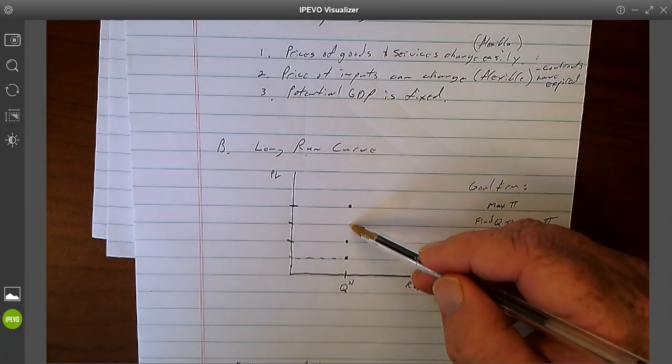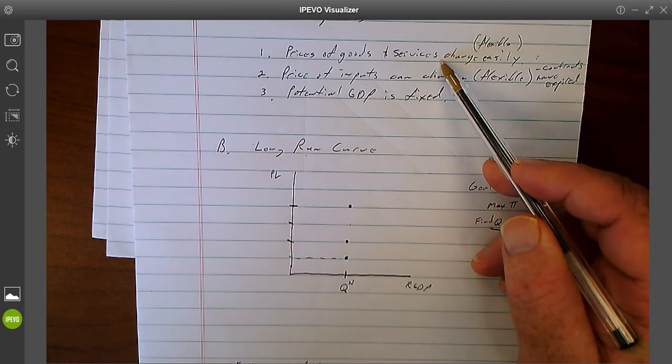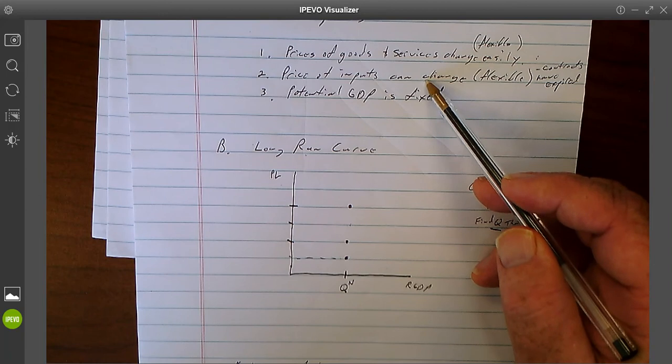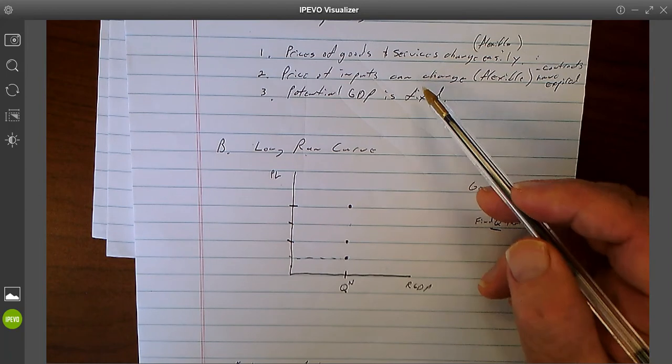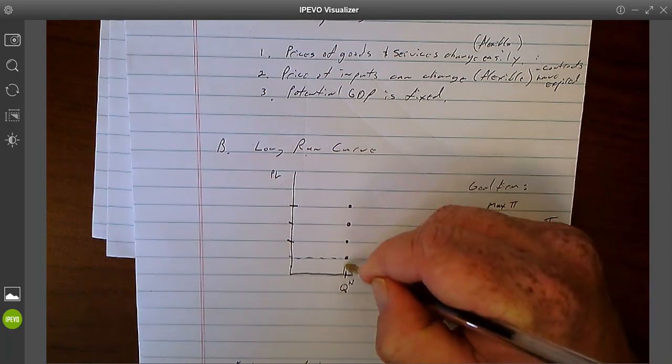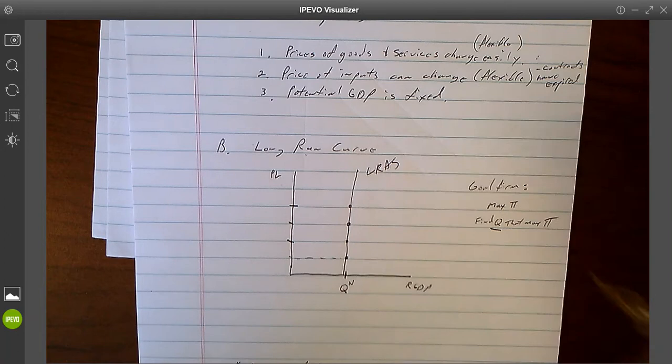Well, the price of my product's gone up by 5% because the price of products change easily. But if we're talking about the long run, the price of my inputs have gone up by 5% as well. What's happened to my profit per unit? Nothing. So how much should I make? QN again. So this, connect these dots, that's your long-run aggregate supply curve.